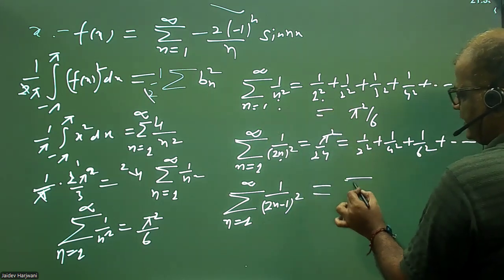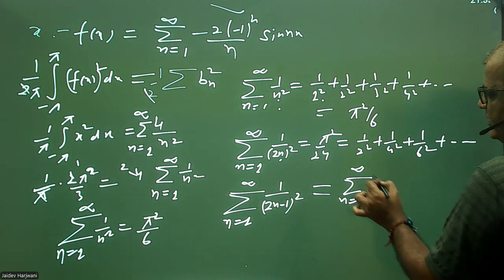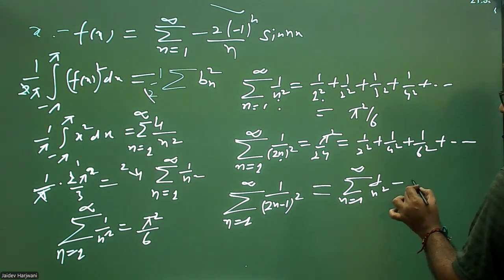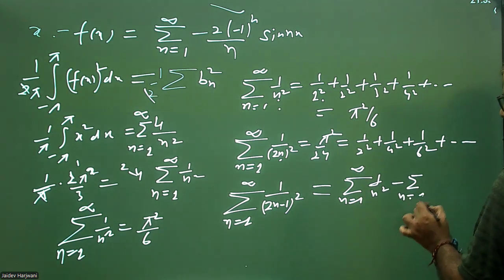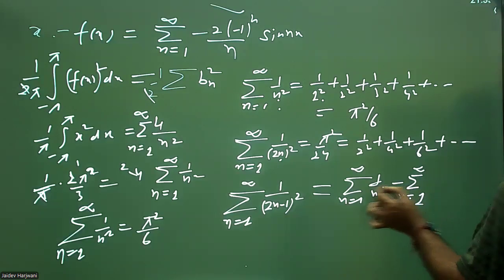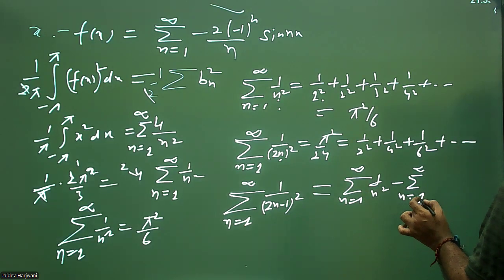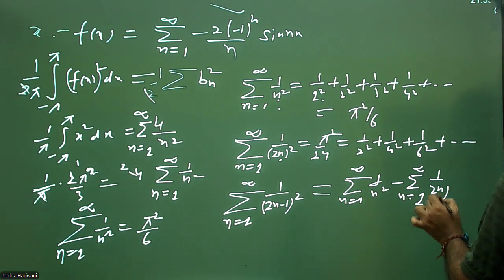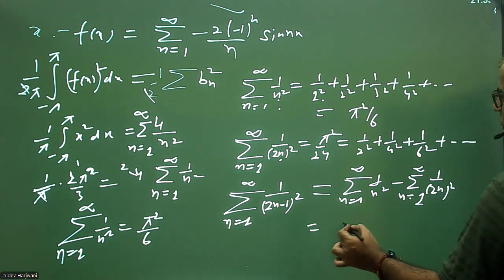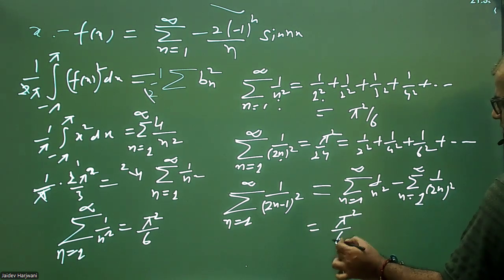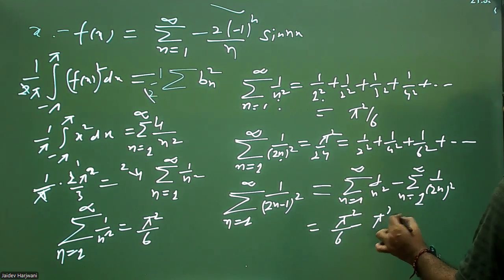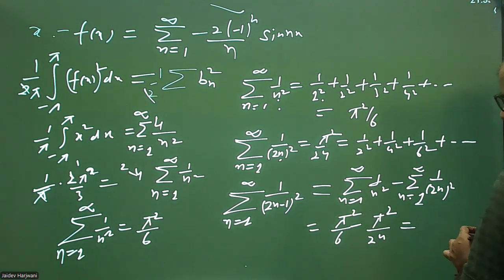So this will be the summation n equals 1 to infinity of 1 upon n square minus the summation n equals 1 to infinity of 1 upon 2n square, and this gives me pi square by 6 minus pi square by 24.